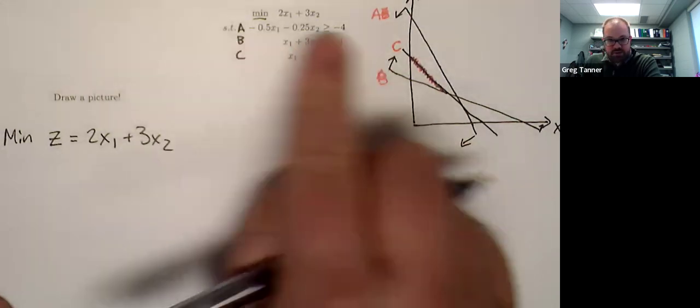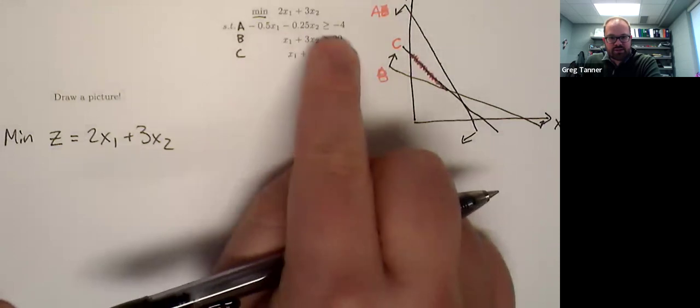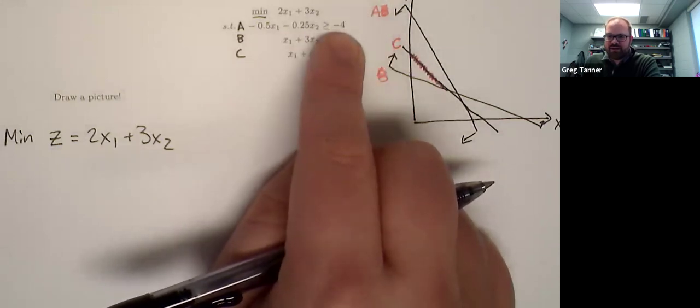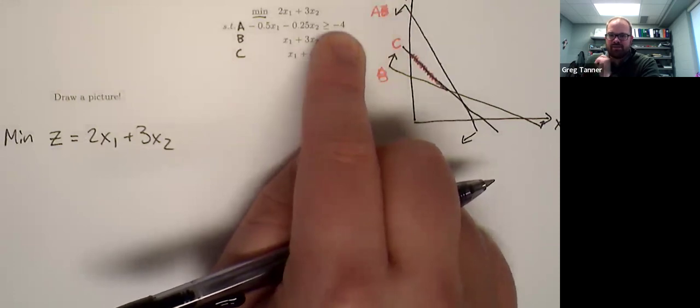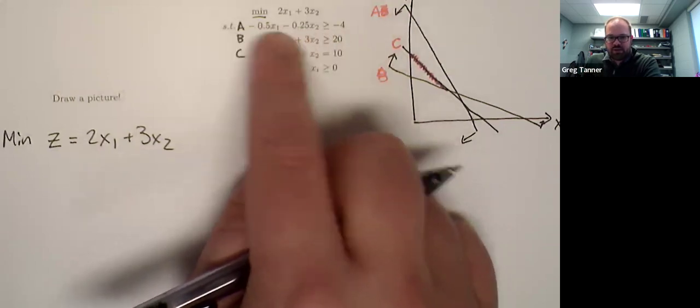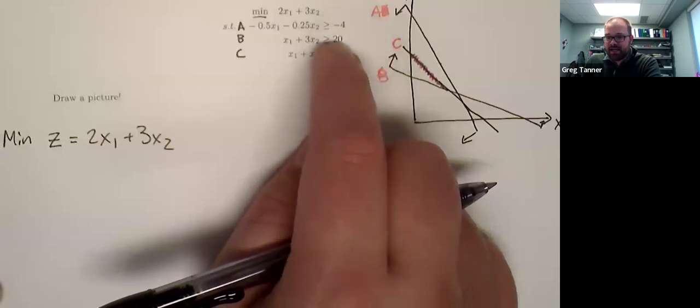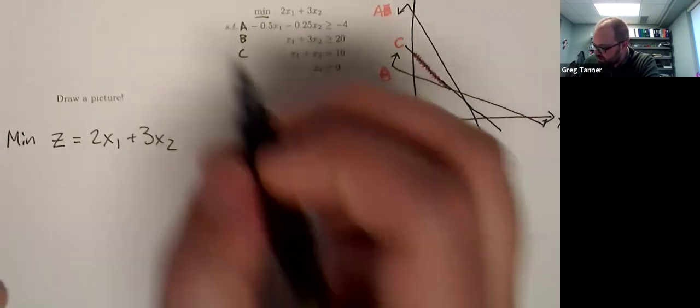Now let's look at this first constraint A. In this constraint A, I've got a negative on the right-hand side. And we've said that we use checking whether the right-hand side is positive or negative as a way to check for feasibility. And so we want to set it up so we always have a positive right-hand side. So I'm going to multiply this equation through by -1. And when you have an inequality and you multiply by a negative, it flips the sign of that inequality.